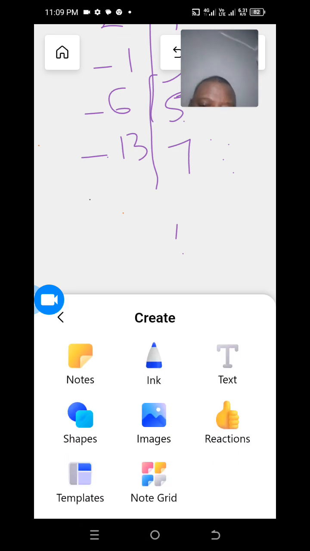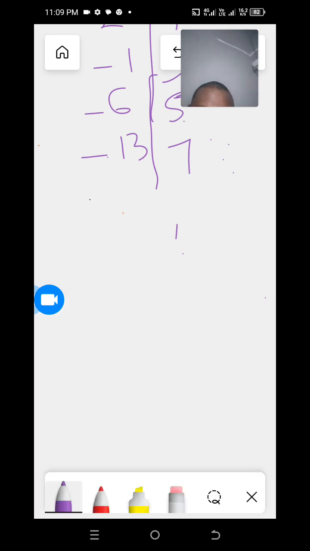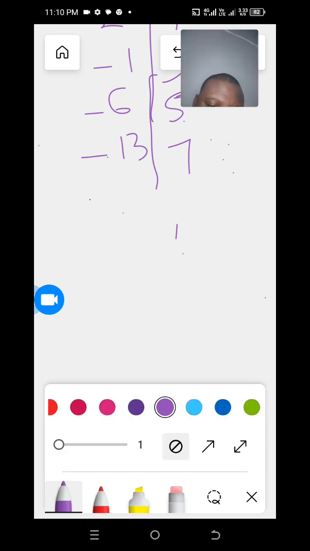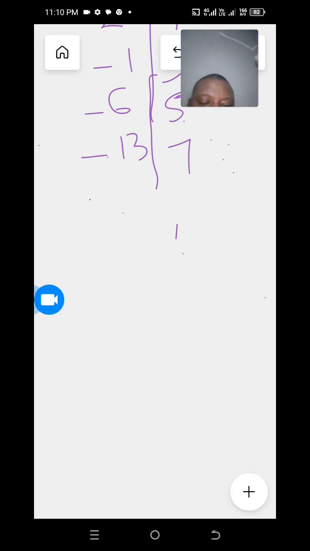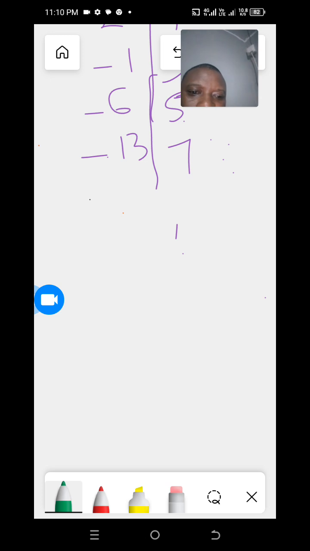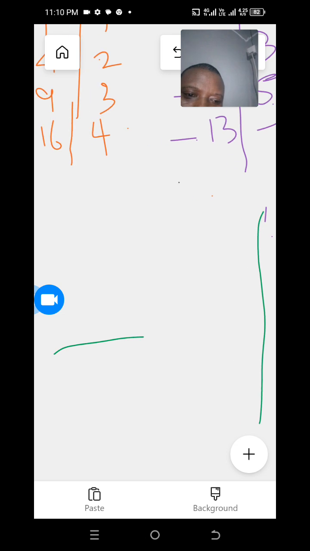Let me use another color to draw. Good. So let us quickly bring out the axis that needs to be drawn.